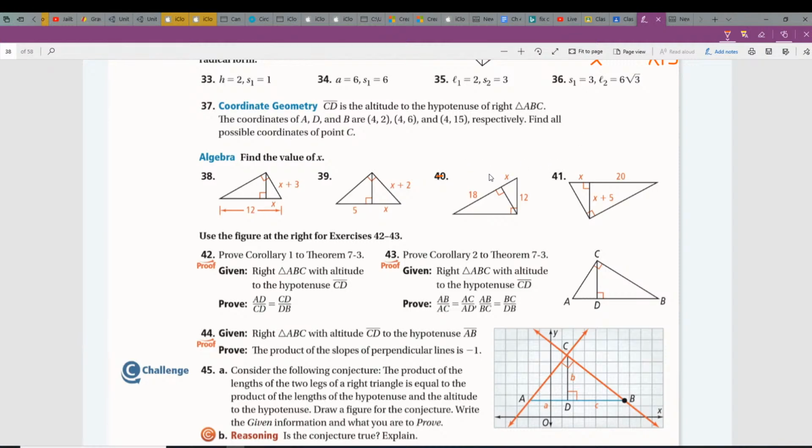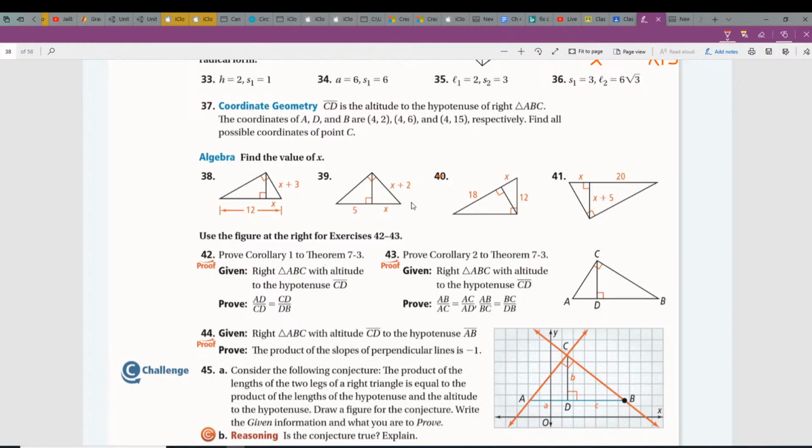Okay, so we have our altitude thing again, where we have one altitude and we have another altitude. And from the last video we learned that this triangle and this big triangle are all similar, so the angles are the same, and the corresponding sides are proportional.